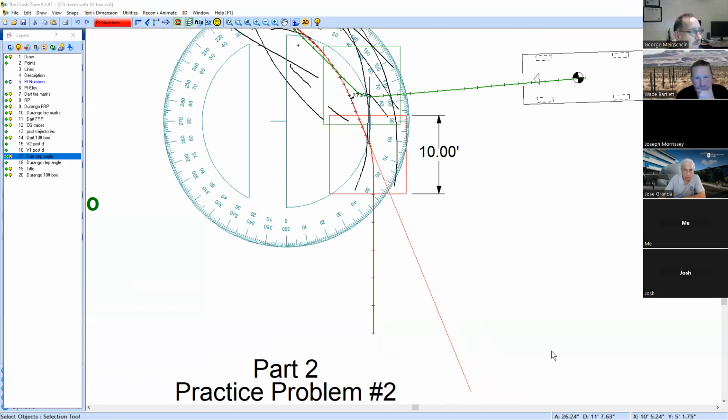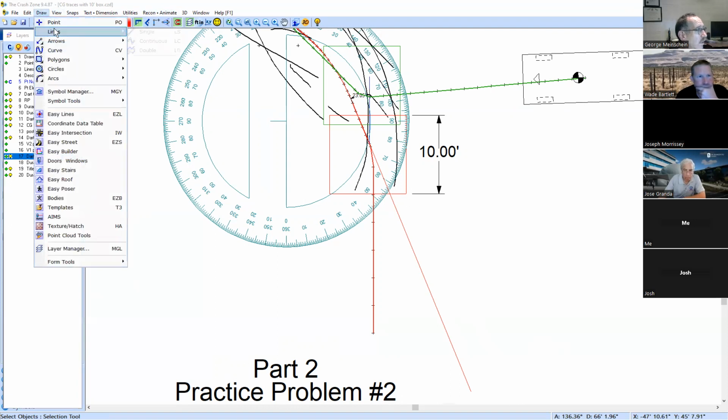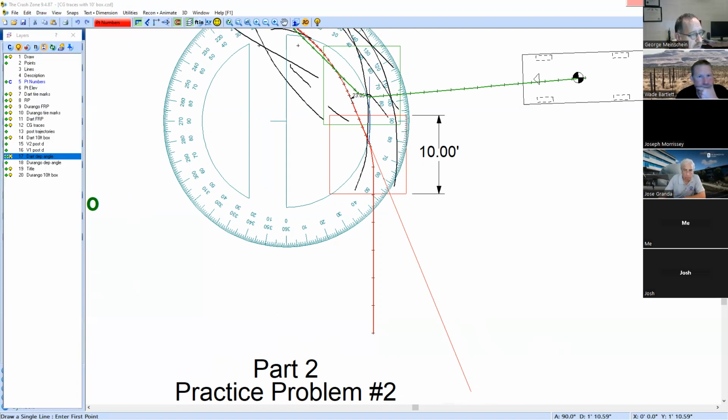Everybody good with that so far? And 0 is essentially straight up. So let's draw another line down here, anywhere, doesn't make a difference. Straight up. Okay, so my departure angle, 0 is straight up. Let's bring my protractor down.